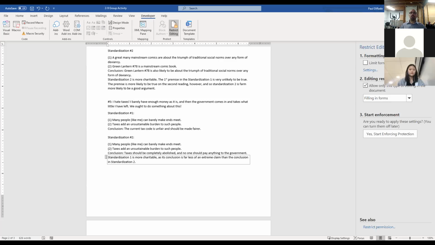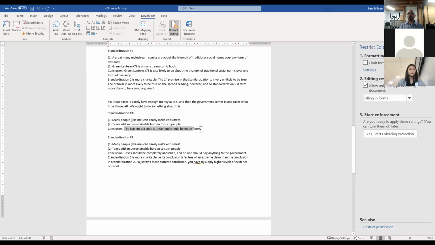But a more extreme conclusion requires higher levels of evidence to support it. So if we read the conclusion as being more extreme, we're going to have to hold my uncle's argument to a higher standard, right? And the evidence that he's presenting, we're going to have to hold it to a higher standard.